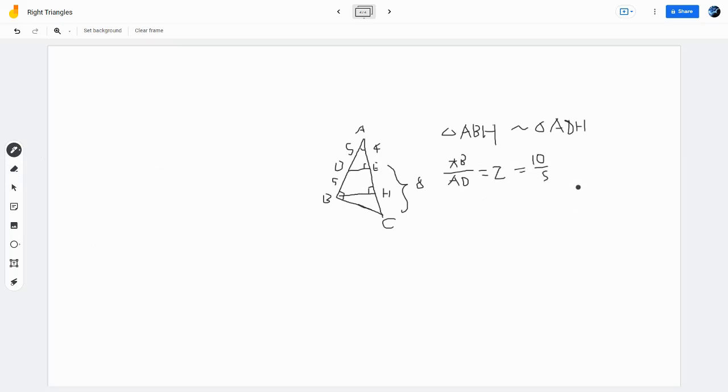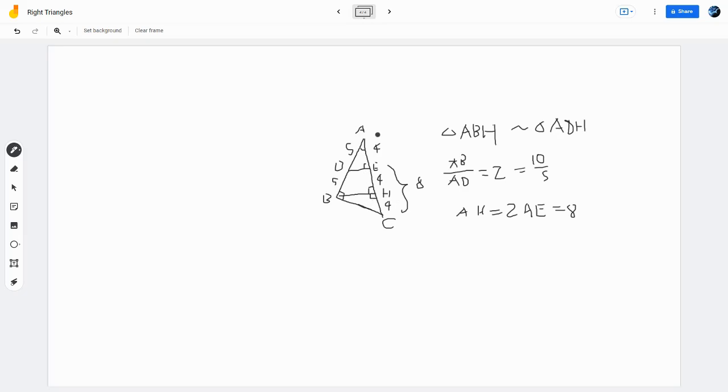So now we know that AH is just going to be 2 times AE, and that's just going to equal 8. So EH is going to be 4, of course. And now we know that EC is equal to 8, so obviously HC is also equal to 4.